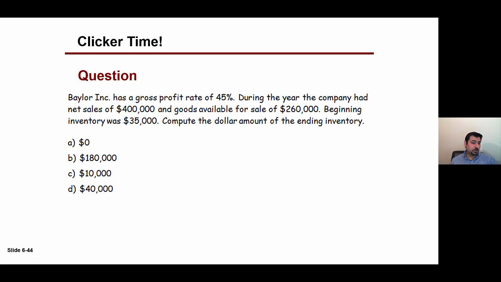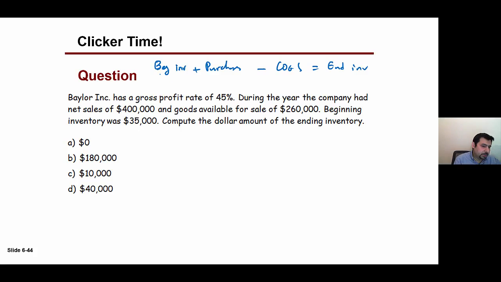Whenever you are asked to answer a question like that, it's a good idea to start from the beginning with this equation. We know that beginning inventory plus purchases minus cost of goods sold is equal to ending inventory.